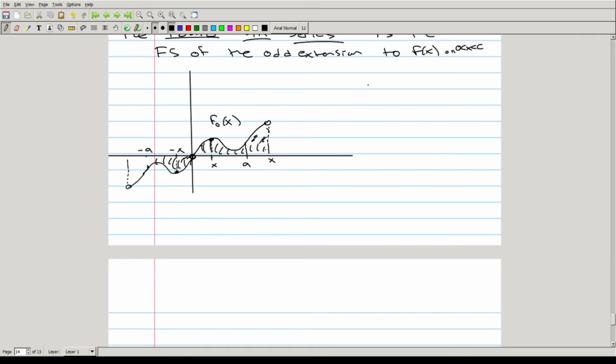But now, if you go through and do the Fourier series of such a function, you'll end up getting that bn is 2 over L integral from negative L over 2 to L over 2 of f odd of x sine of 2n pi over L x dx.